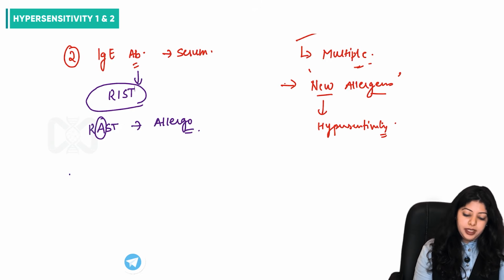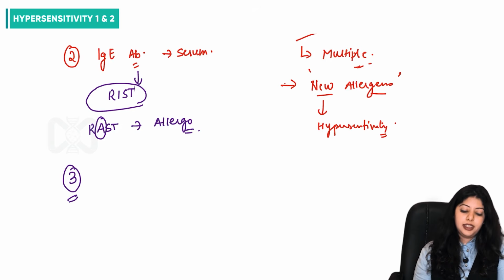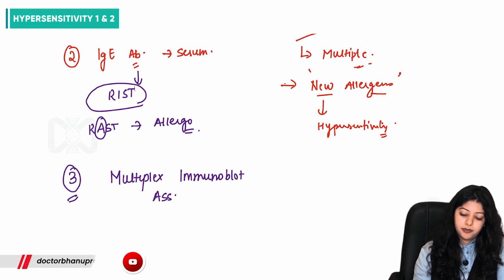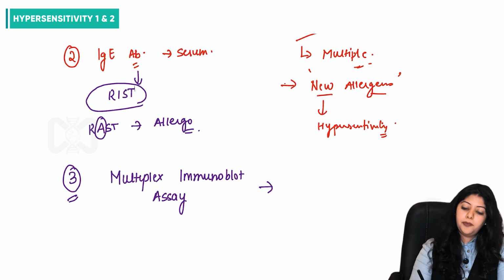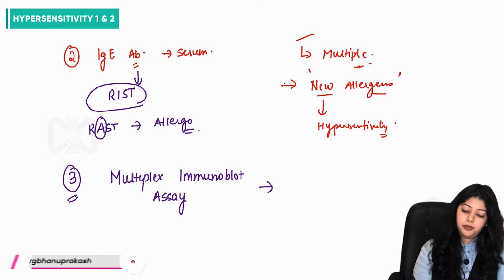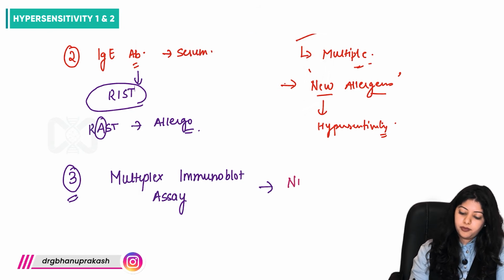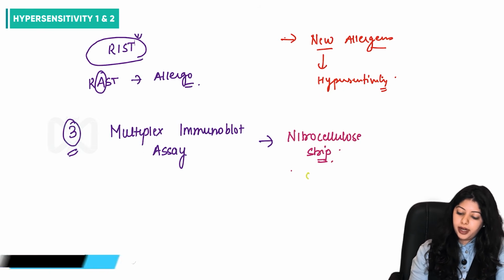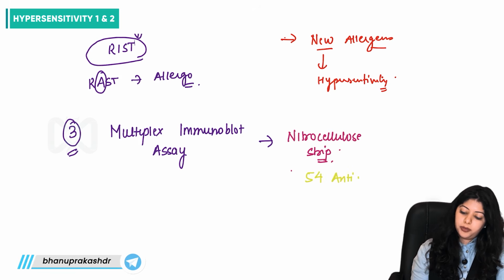A very important test available nowadays is the multiplex immunoblot assay, which uses a nitrocellulose strip with around 54 antigens adsorbed onto that nitrocellulose.